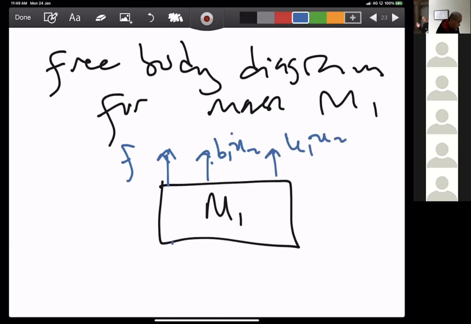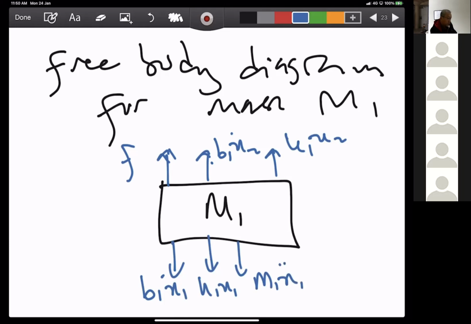And opposite is, we have 1, 2, 3, B1, X1 dot, K1, X1, and M1, X1 double dot. Okay.